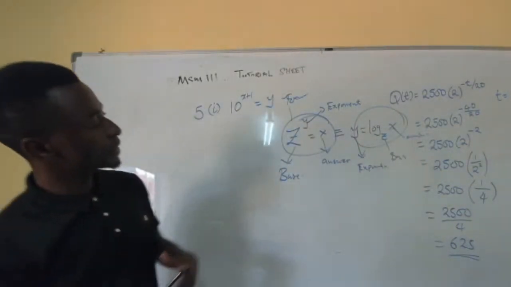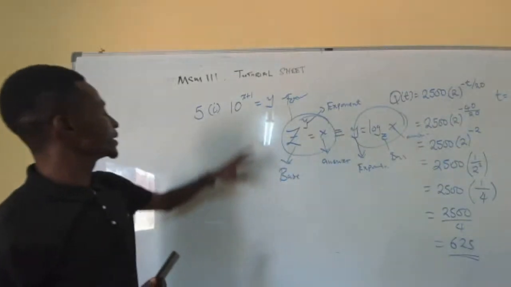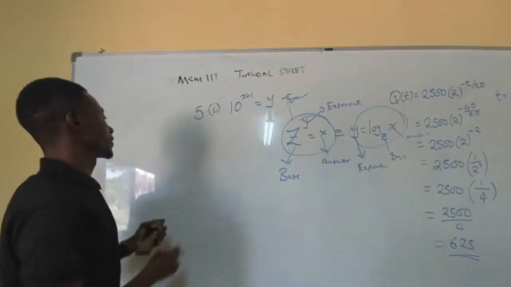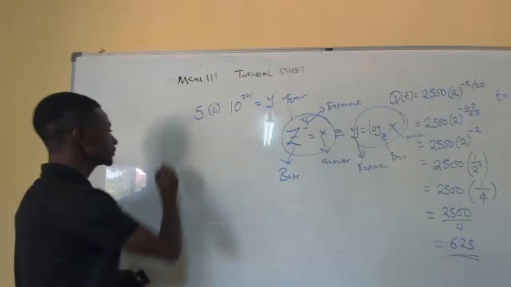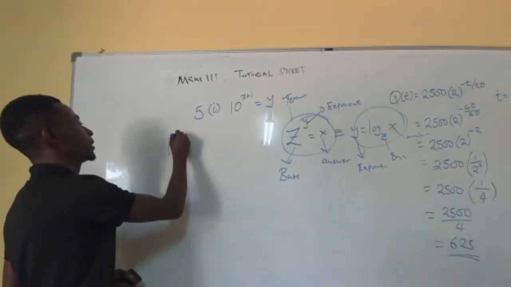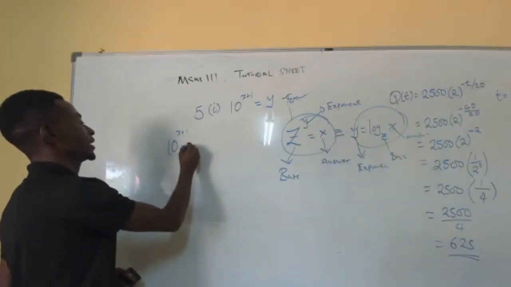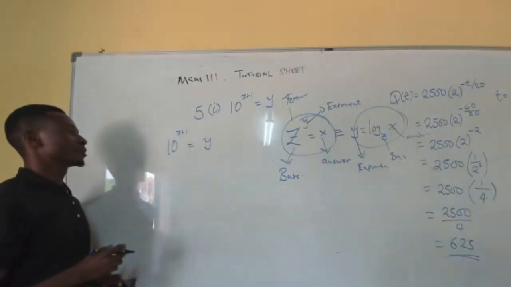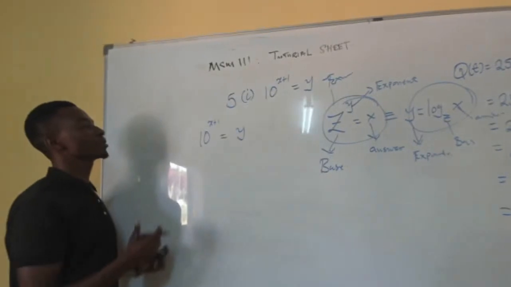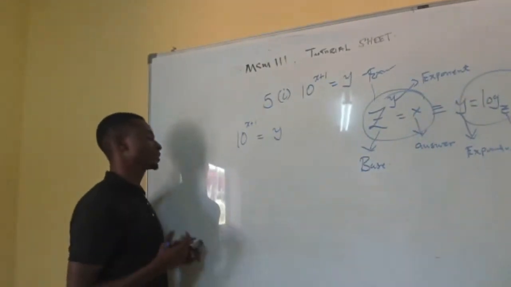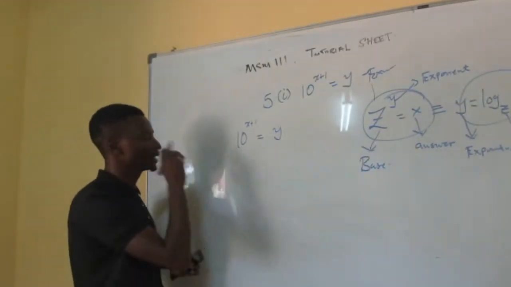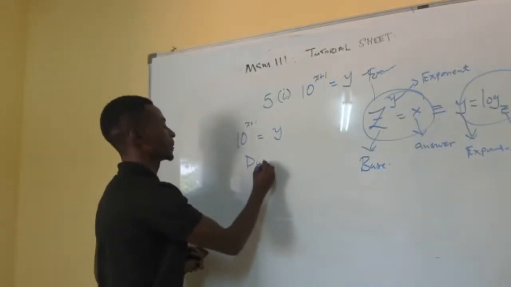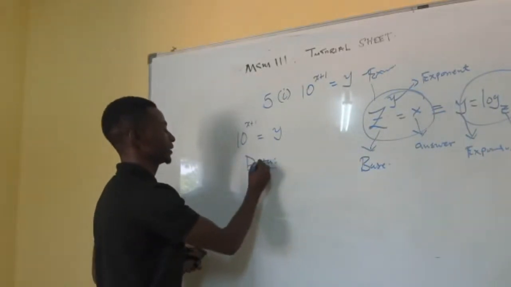So now let's use that concept to solve this one. We have 10 to the power x plus 1 equal to y. What we're supposed to do here is just to collect data, for easy calculation.